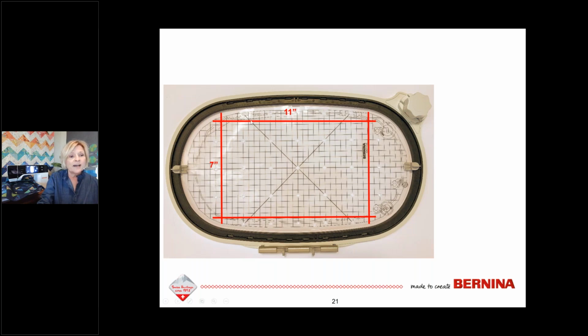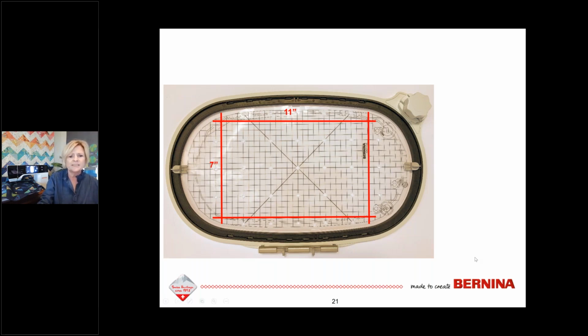And so if I did 7 inches here on my hoop, then that means I have 11 inches here that I have a perfect rectangle to make. So I could choose a border that was 7 inches by 11 inches.